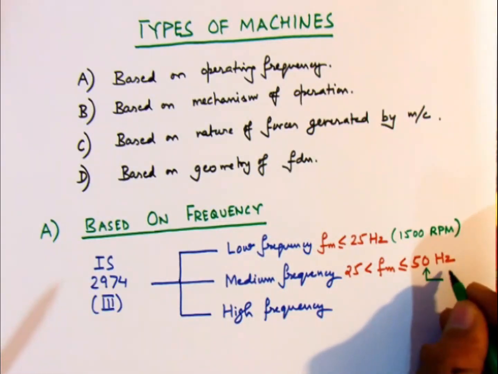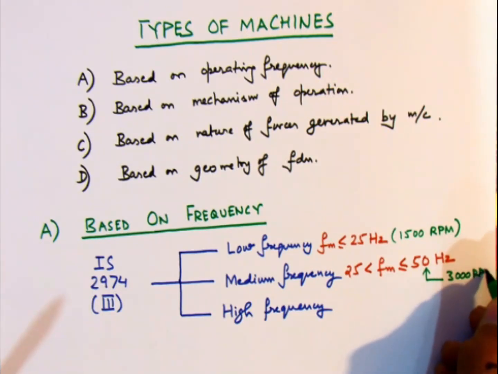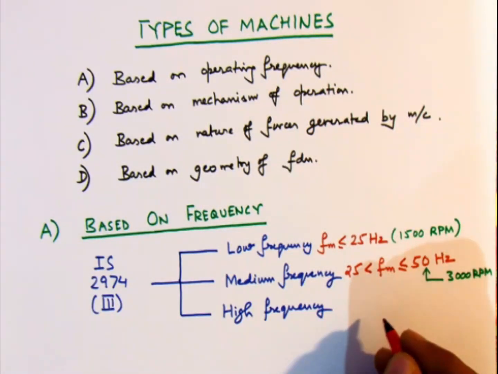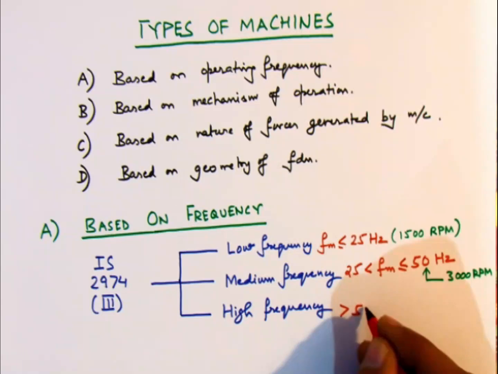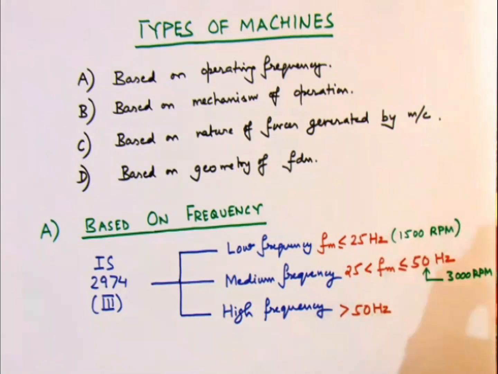So 50 Hz basically corresponds to an RPM of 3000. And finally, the machines which operate at frequencies greater than 50 Hz or 3000 RPM are called high frequency machines.